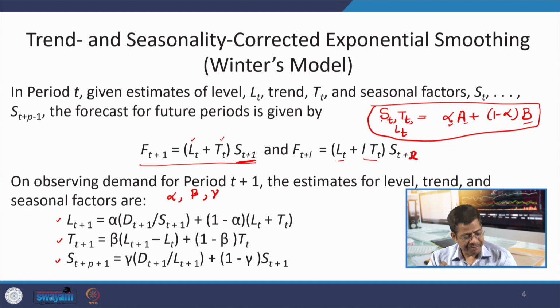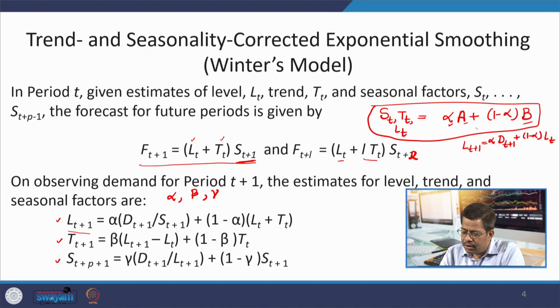For example, if I am calculating the level value, it is alpha times d(t+1) over S(t+1) plus 1 minus alpha times L(t) plus T(t). If you remember the original equation from the simple exponential smoothing method, L(t+1) was alpha d(t+1) plus 1 minus alpha L(t).